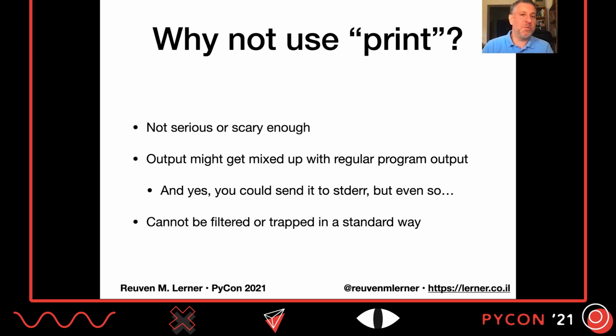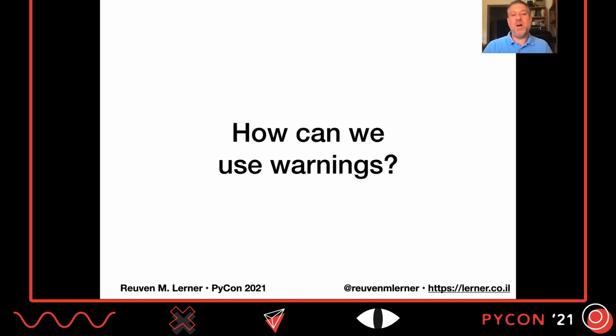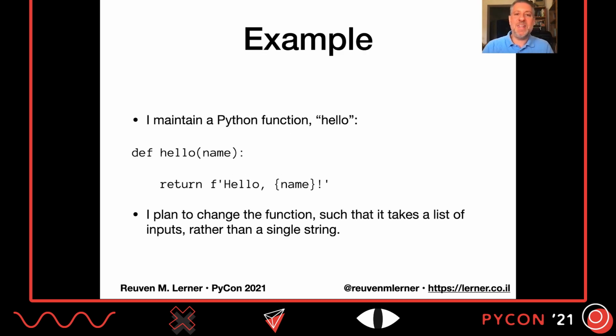And that's what warnings provides us with. It provides us with an in-between thing between exceptions and print that we can filter, we can trap, and we can even redirect to other places so that it doesn't interfere with our code. So how do we use warnings? Well, let's assume that I maintain a module with a Python function hello. So my module is called hello and my function is called hello. And it's pretty simple, right?